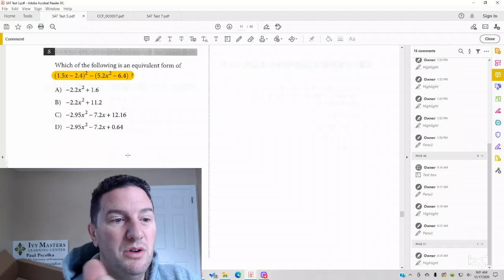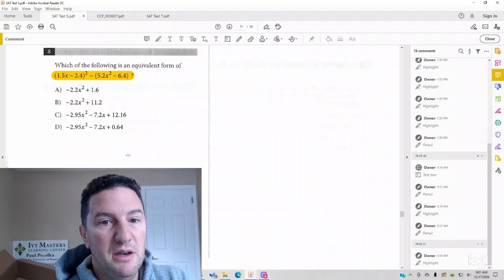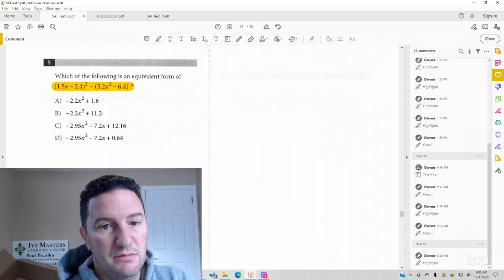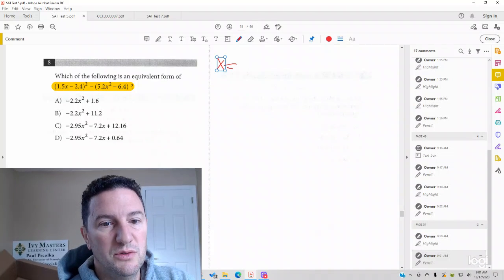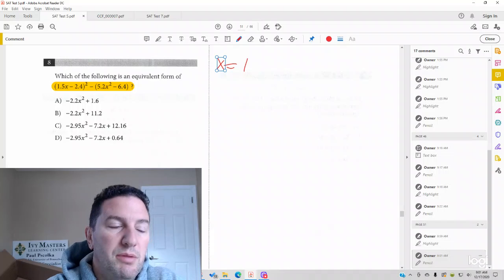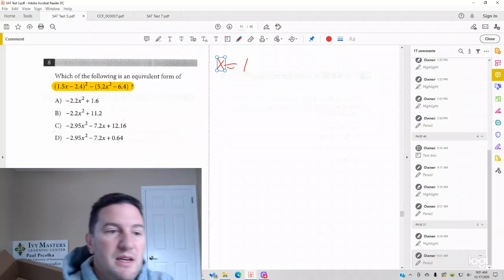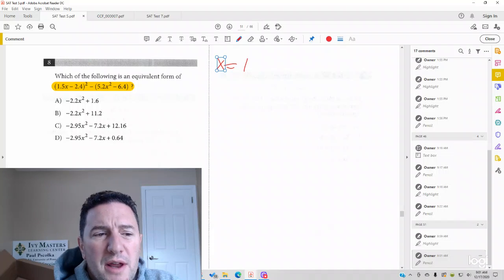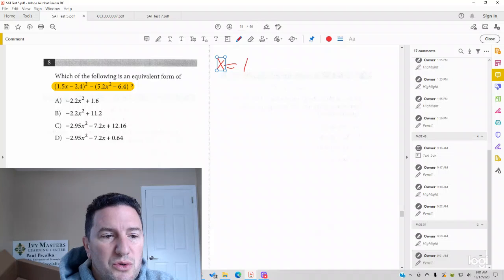But what you could also do is you could pick a number, let's say x equals 1, and then you could plug it in, and you're going to come up with a number answer, and then you're going to plug that 1 into each answer choice and eliminate anything that doesn't give you that same answer.